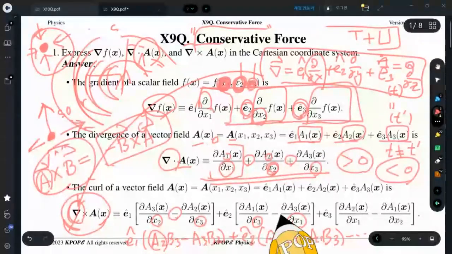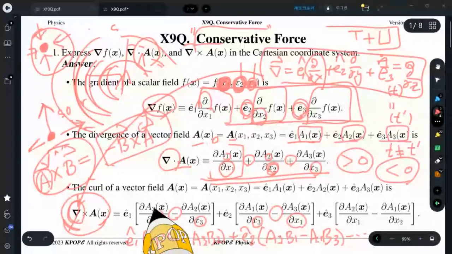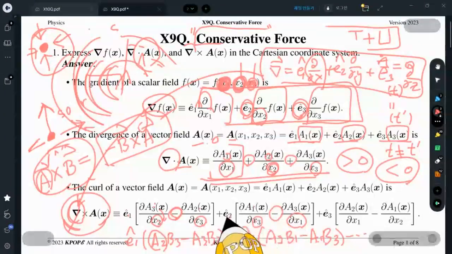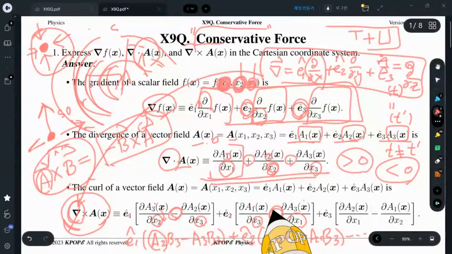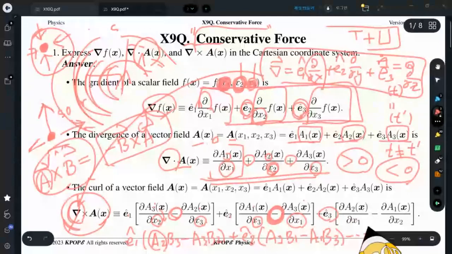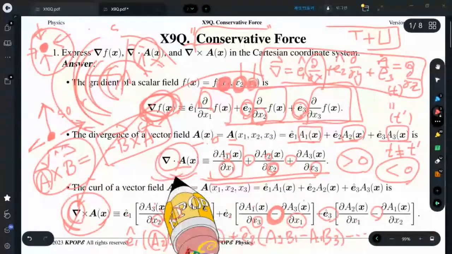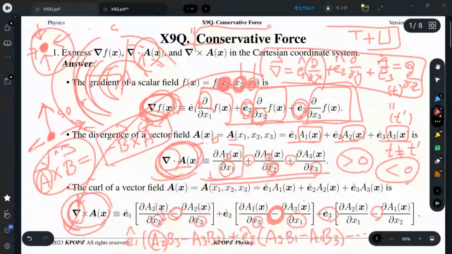So we have a negative sign when I exchange 3 and 2. 1, 2, 3; 3, 1, 2 plus, and 3, 2, 1 minus. They are mutually odd permutations. So you have to remember how to compute the gradient, divergence, and curl.